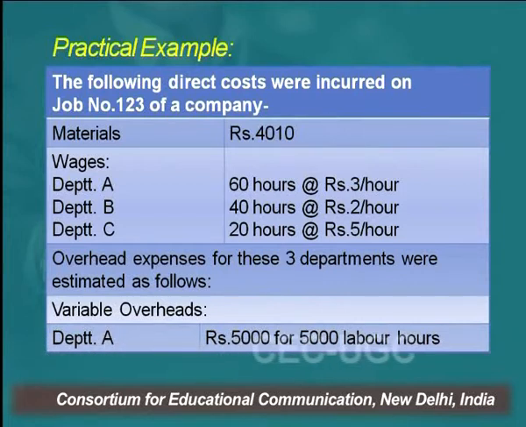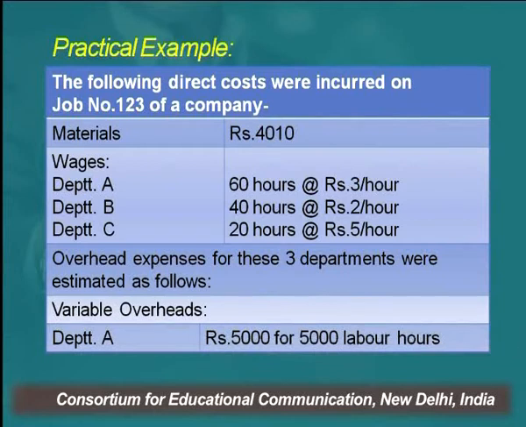Department B, 40 hours at the rate of 2 rupees per hour. And Department C, 20 hours at the rate of 5 rupees per hour. What it means is that the job has passed through 3 departments, and these are the number of hours and the labor rates given.